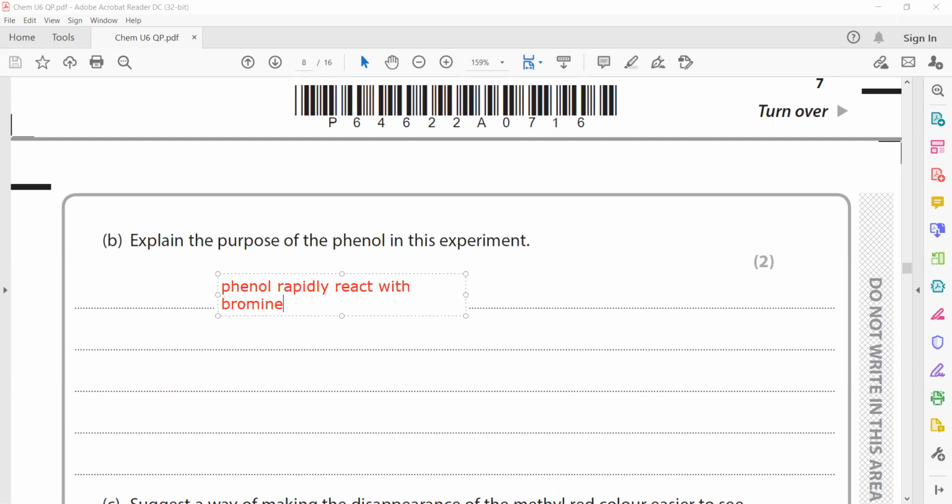And when all the phenol is used up, the remaining bromine will bleach the methyl red indicator.